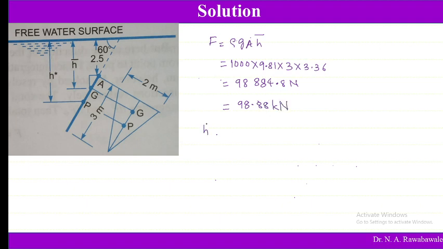Then h star, the center of pressure, that is Ig sin square theta divided by A h bar, which we have derived in the previous class, plus h bar. Now we have obtained the value of Ig, which is 1.5.